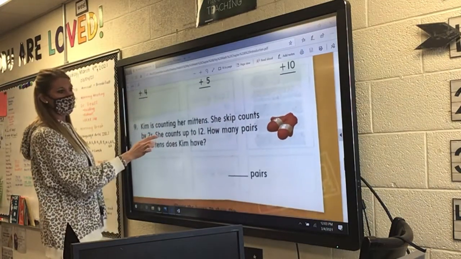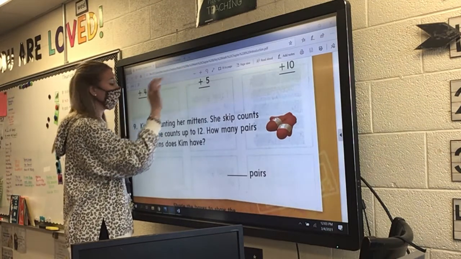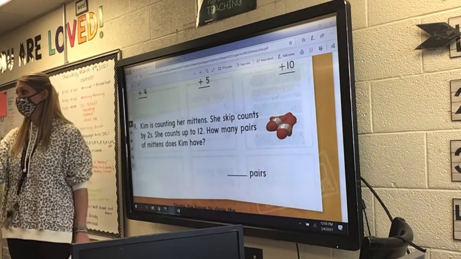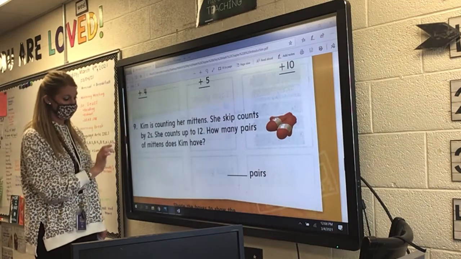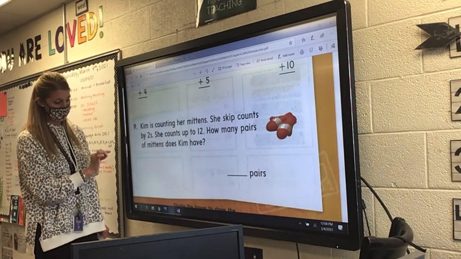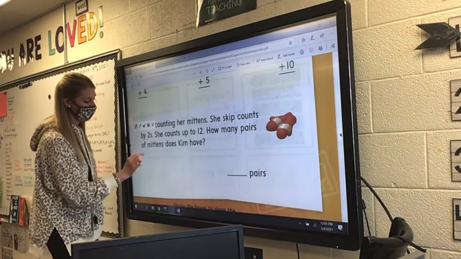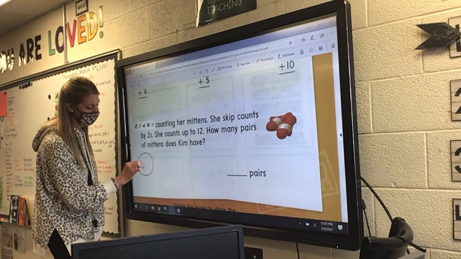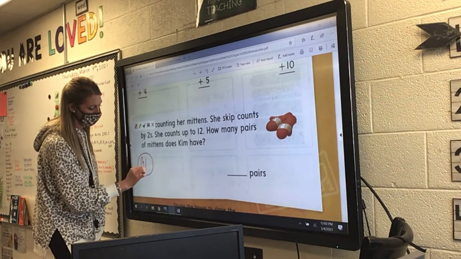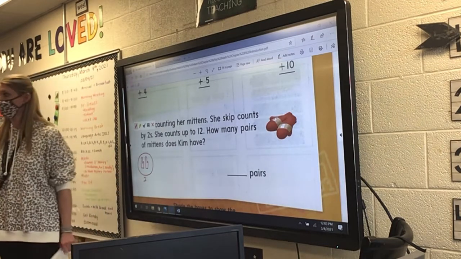So, if she has mittens, I know that mittens come in 2s. They're a pair. So if I would draw 1 circle or 1 group, hold on 1 second. So here's 1 group, and I'm going to draw mittens as best as I can. I know this isn't perfect, but that is 2 mittens.